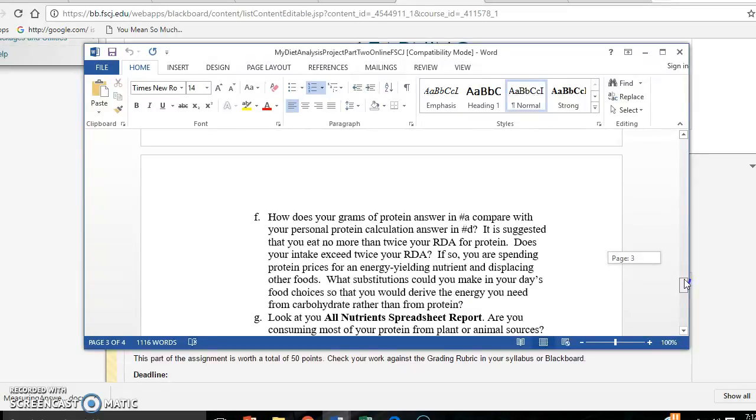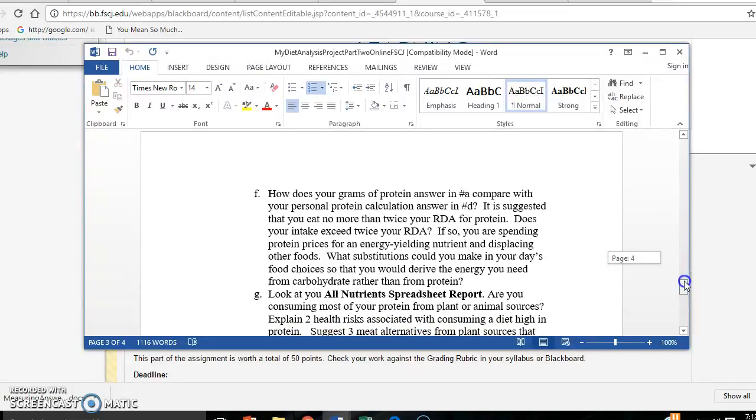Did you exceed twice your RDA? If so, you are spending protein prices for an energy-yielding nutrient and displacing other foods. So you have to compare A with D and see if you are consuming twice your RDA. And if you are, then what substitutions could you make in your day's food choices so that you could derive the energy you need from carbohydrate rather than protein?